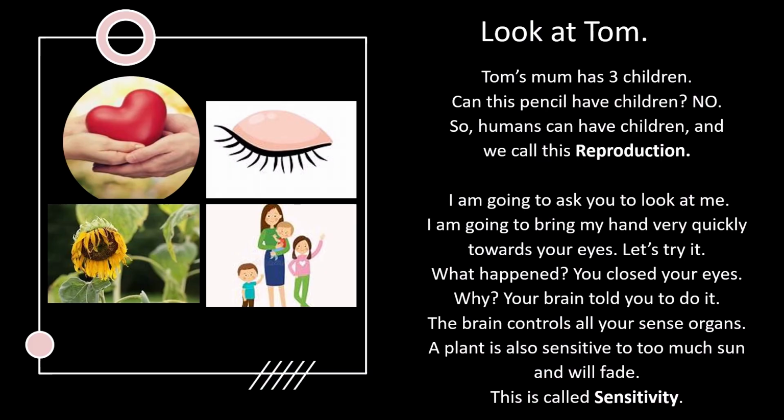Let's try it. What happened? You closed your eyes. Why? Your brain told you to do it. The brain controls all your sense organs. A plant is also sensitive to too much sun and will fade. This is called sensitivity. So, all living things are sensitive.